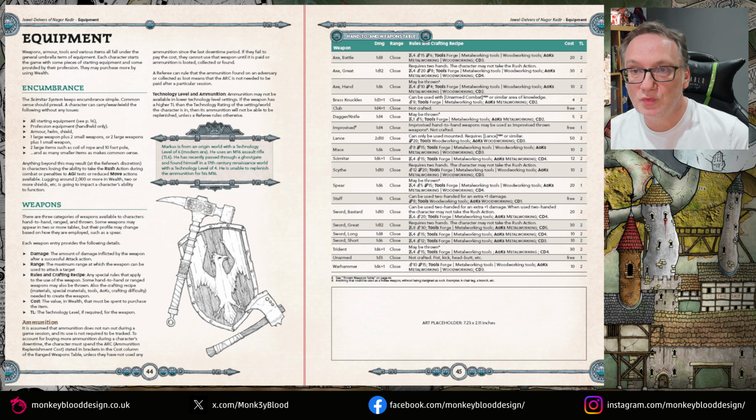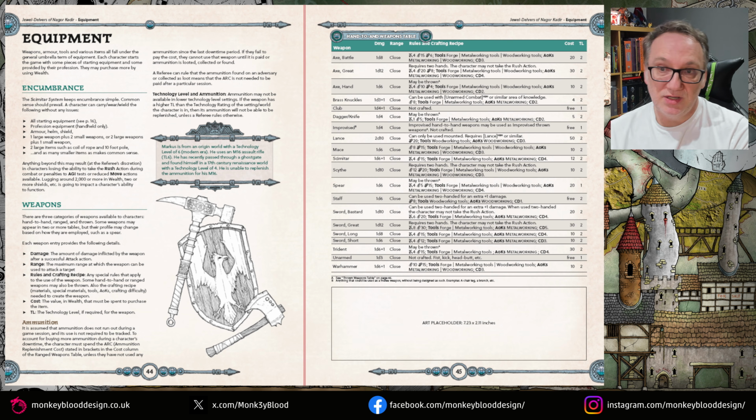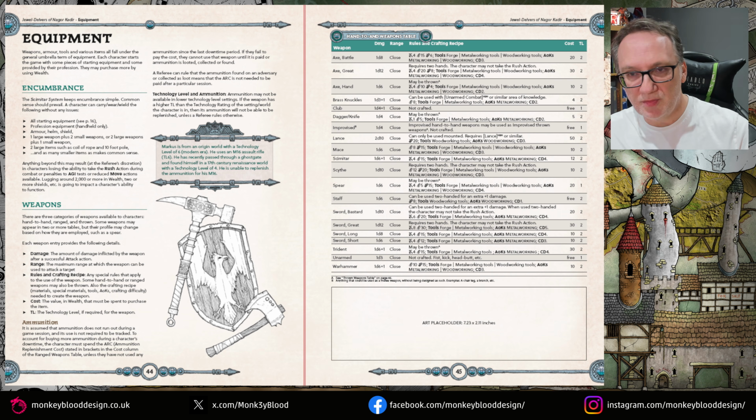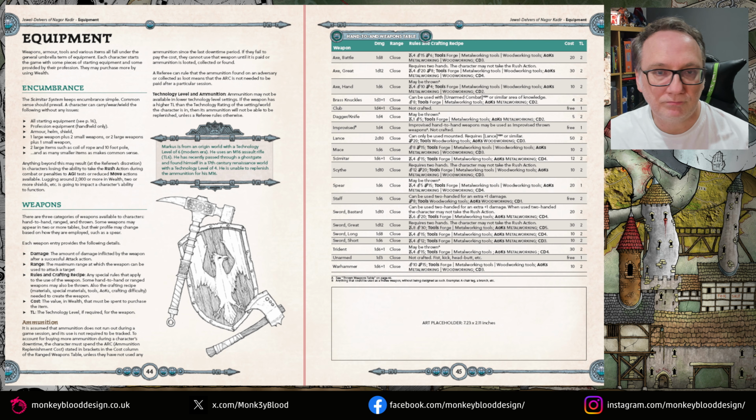You need tools, which are a forge and some metalworking tools and some woodworking tools, and you need the areas of knowledge, metalworking, woodworking, and if you've got all that, you can make a crafting test, follow the rules for crafting, and the crafting difficulty of 3. So that's essentially crafting in a nutshell. It's just the time it takes. You've got to gather the materials, you've got to have the right tools, and you've got to have the right knowledge.